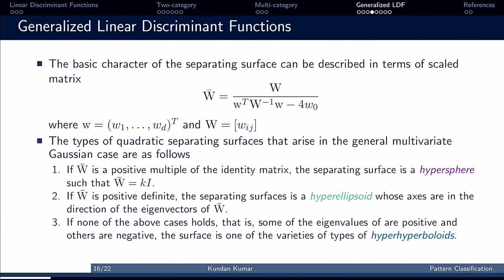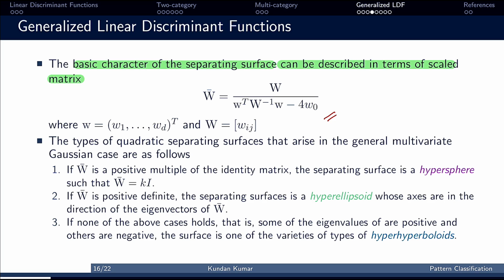So the basic character of the separating surface can be described in terms of the scaled matrix. Whatever we have seen, when we eliminate the linear terms, we will have the separating surface, and that can be described in terms of the scaled matrix.